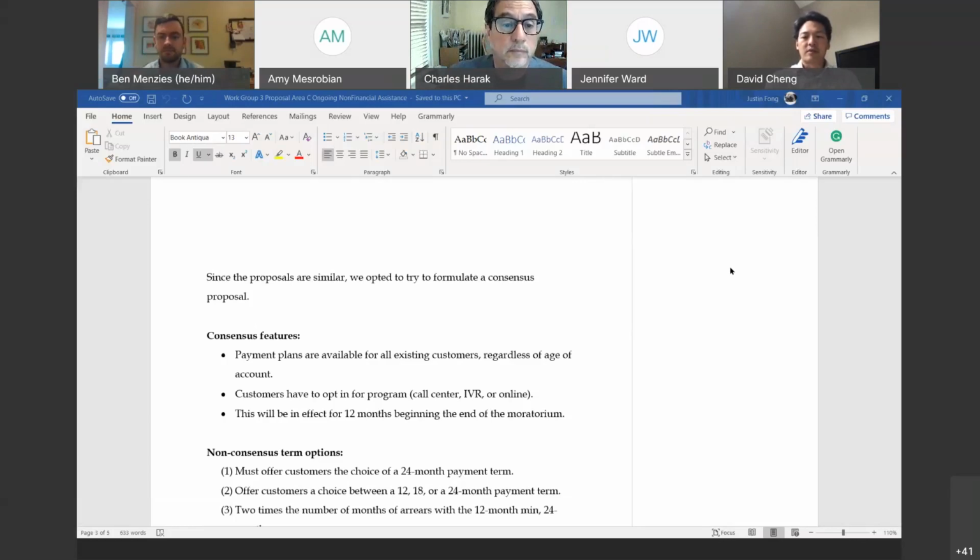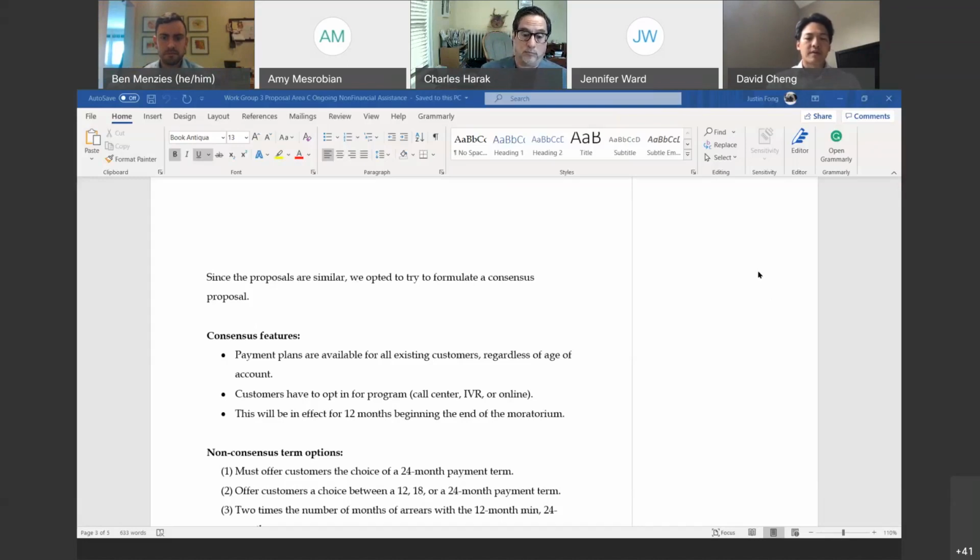So if that happens to be June, then it'll be available for 12 months after that. The part we couldn't quite reach consensus on was the exact duration or the term of the payment plan. And so we have here 3 options. The first option is utilities must offer customers a choice of a 24-month payment plan, or the utilities offer choices between a 12, 18, or 24-month payment plan.